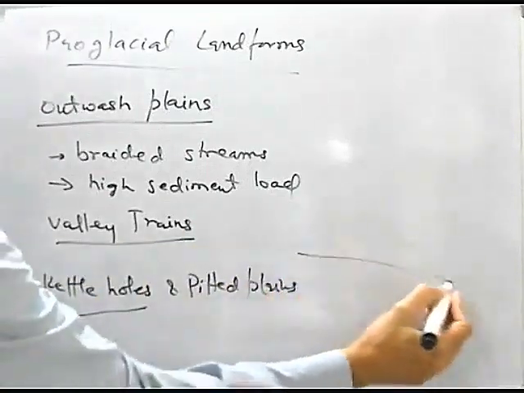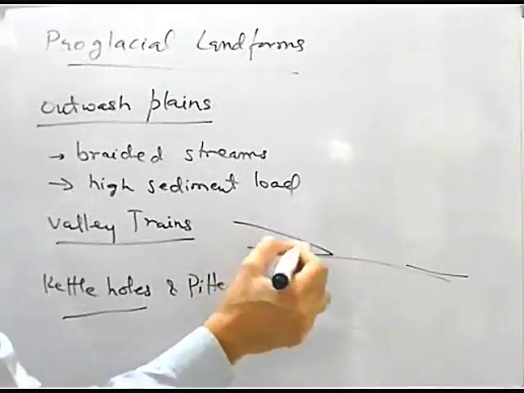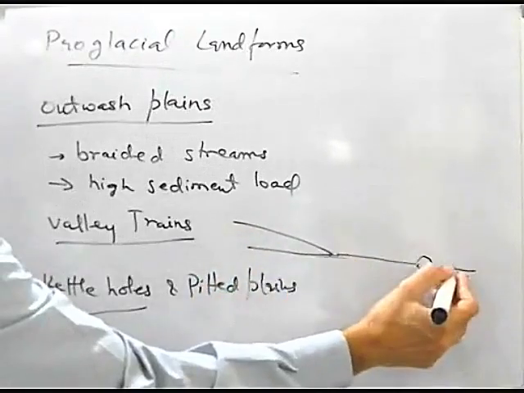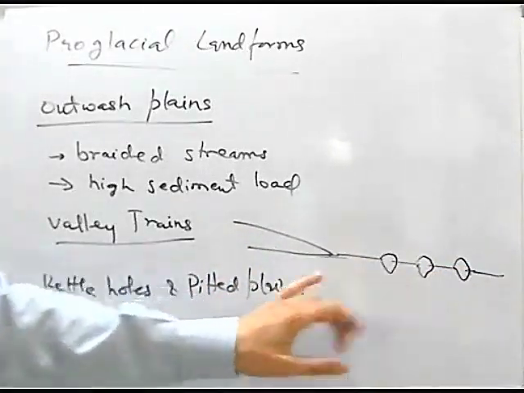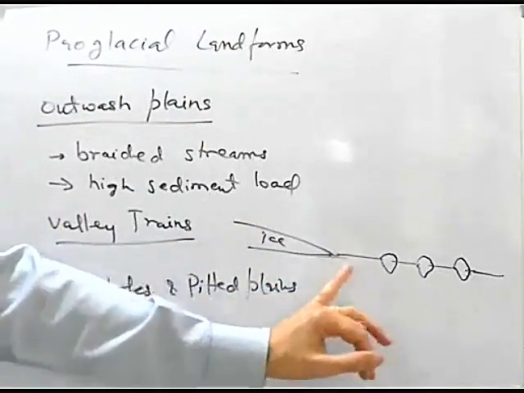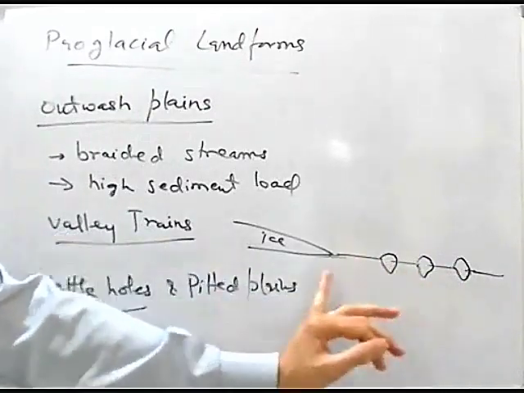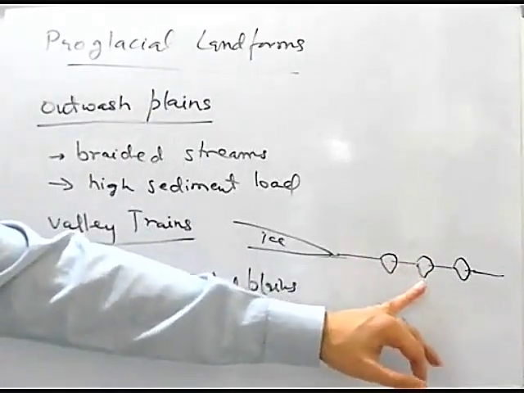For example, this is the sediment of the outwash plain, and the present snout of the glacier is at this location, and pieces of ice. So this is the outwash plain, this is ice, and within the outwash plain sediments, pieces of stagnant ice have been lost by the glacier, but they will take some time to melt.